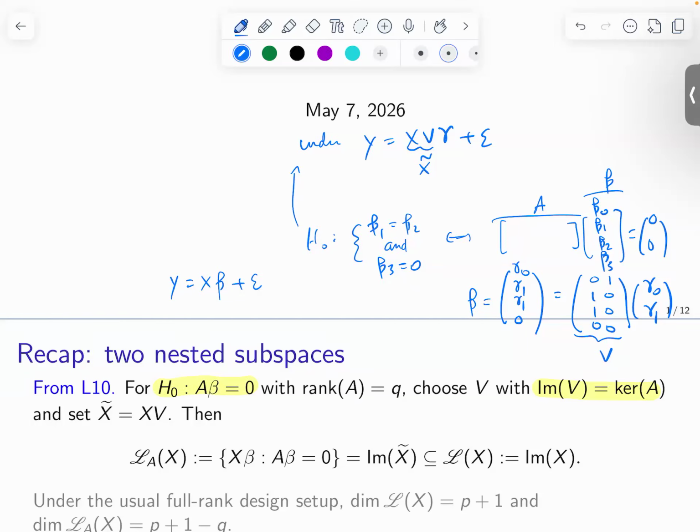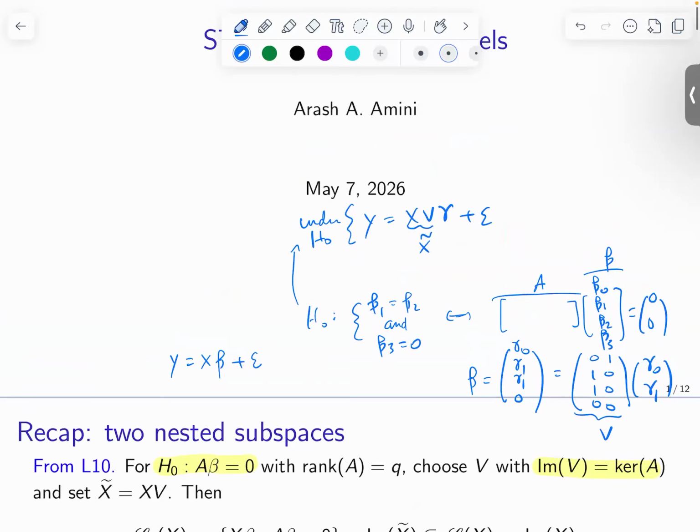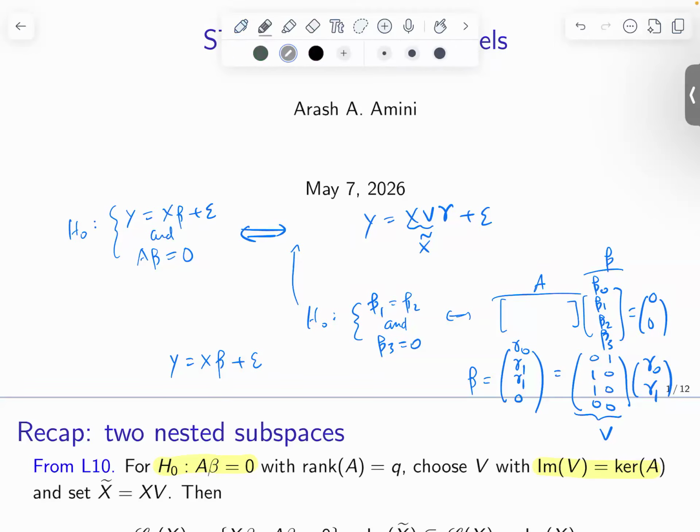So under the null, rather than saying you have y is equal to x beta plus epsilon and A beta is equal to 0, which is one way of writing the null, the other one is just writing it like this: the null would be just that, with gamma free to vary.